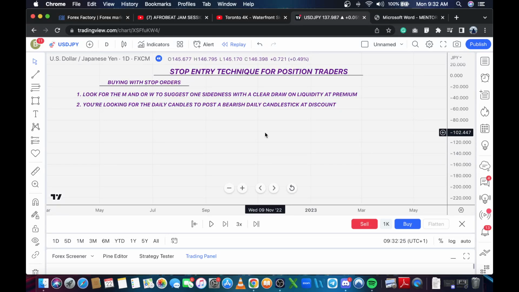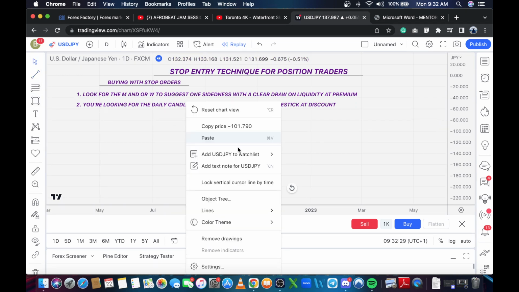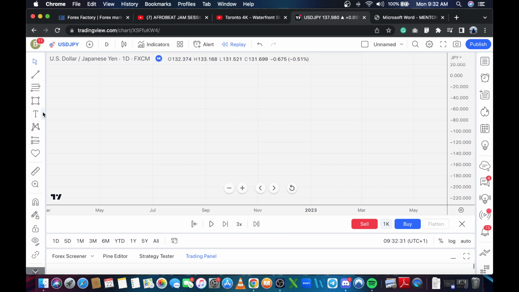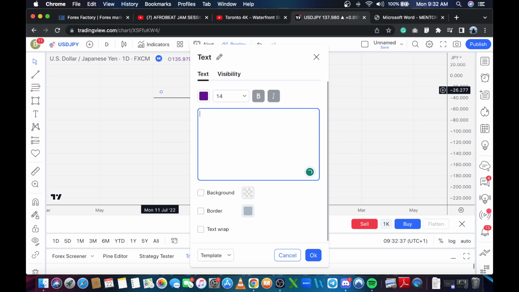And this is what it's going to look like. So let me get rid of all of this. So we have a target liquidity up here, and we're going to call that target liquidity an old daily high.